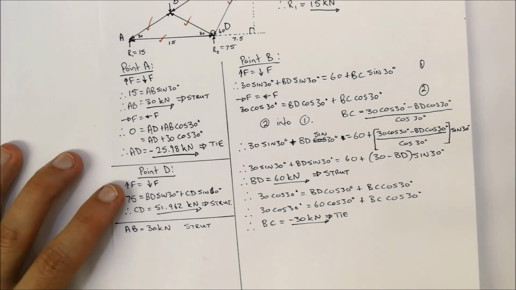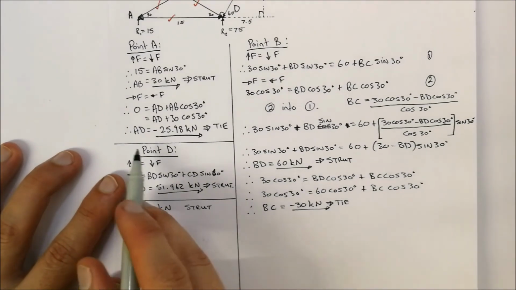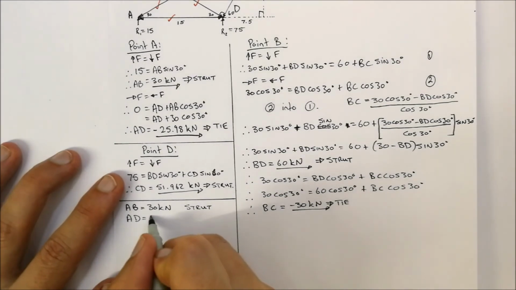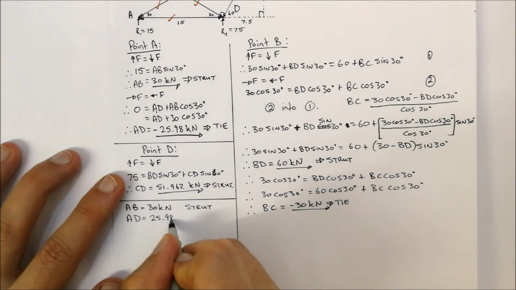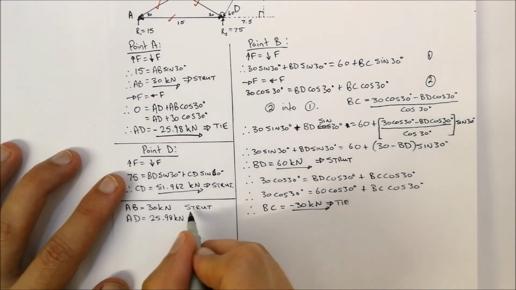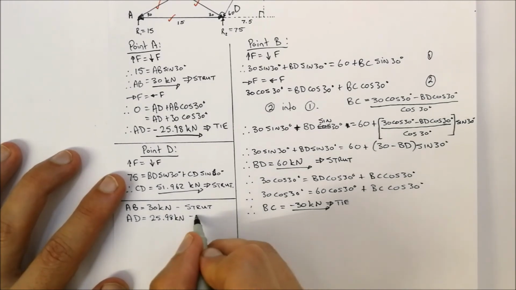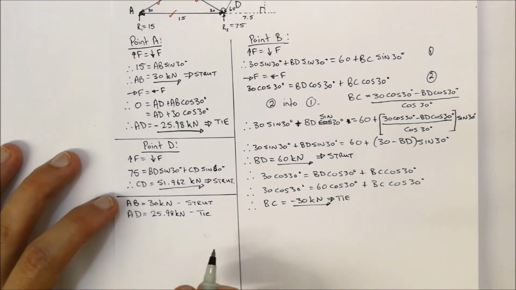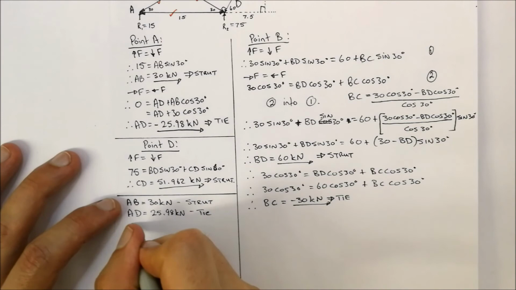Okay, then the next one we've got is AD. That is equal to 25.98 kilonewtons, and that is a tie. Then we've got CD.